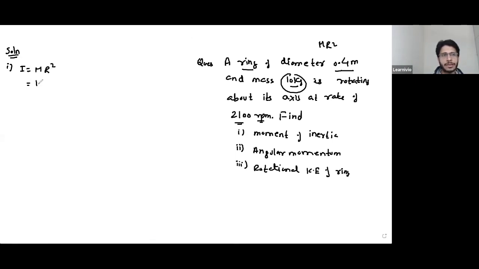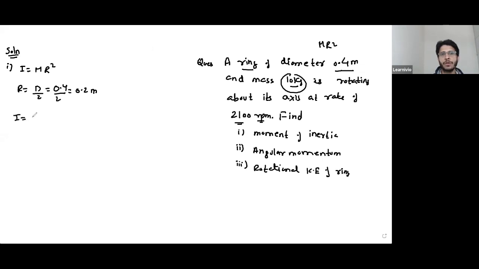So your m is 10 kg, your r is 0.4 square. Sorry, it's not radius, it's diameter of the ring. The radius of the ring is half of its diameter. Okay, Fazil, I'm just coming to that portion. It's 0.4 by 2. It's 0.2 meter.